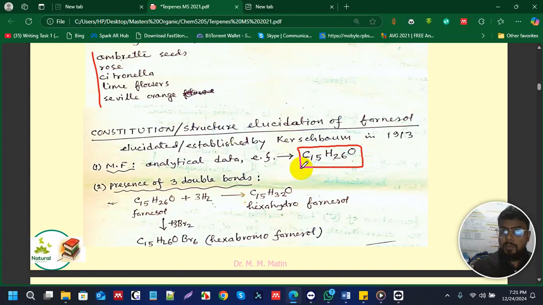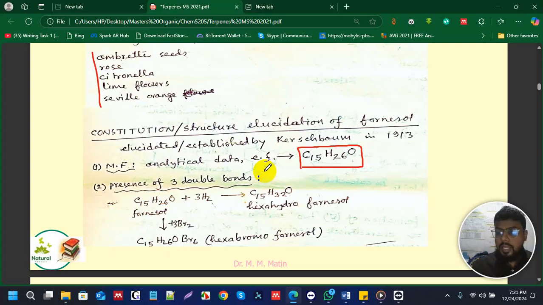For any chemical compound, we can find the empirical formula from different grades of analytical data, and from the empirical formula we can find the molecular formula. In this way, they found the molecular formula of farnesol was C15H26O. This was the structure establishment by Kerschbaum in 1913.